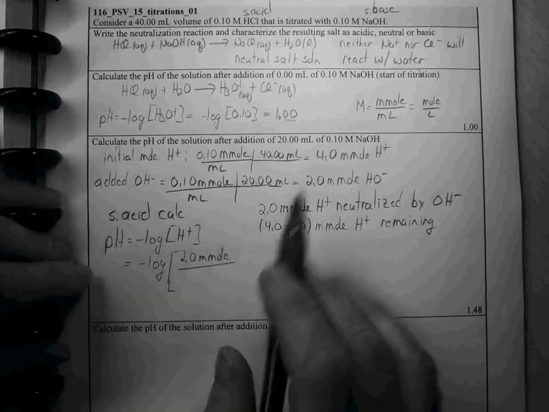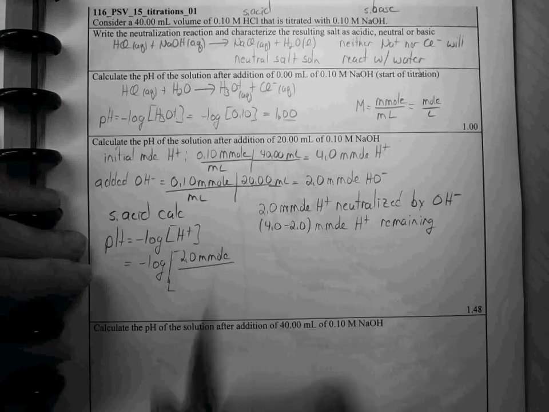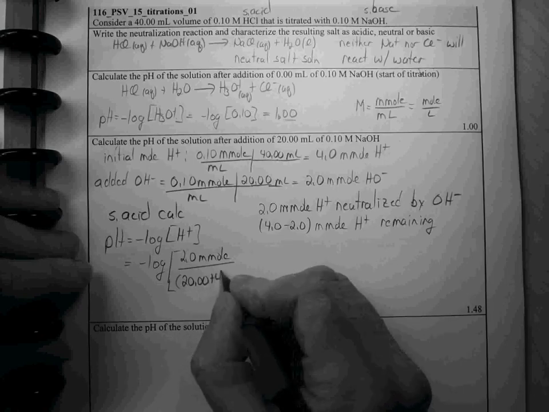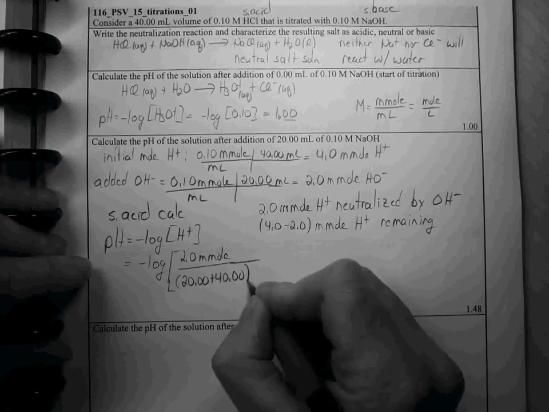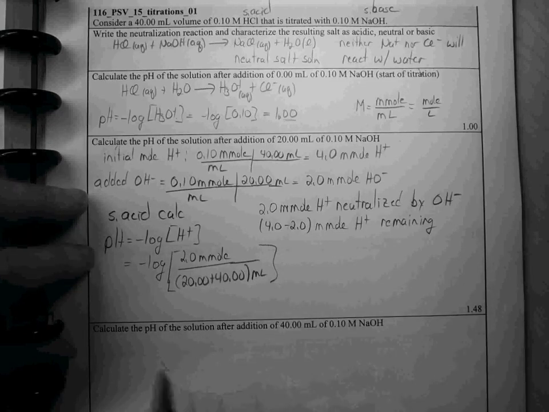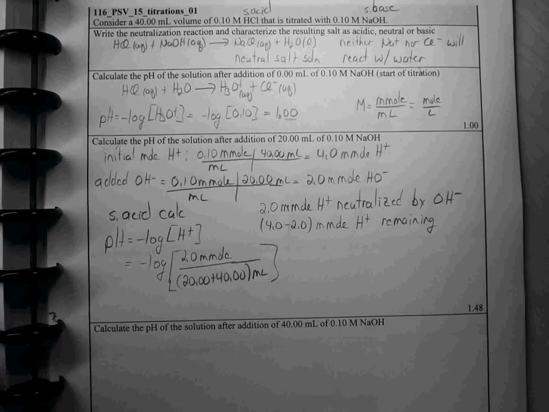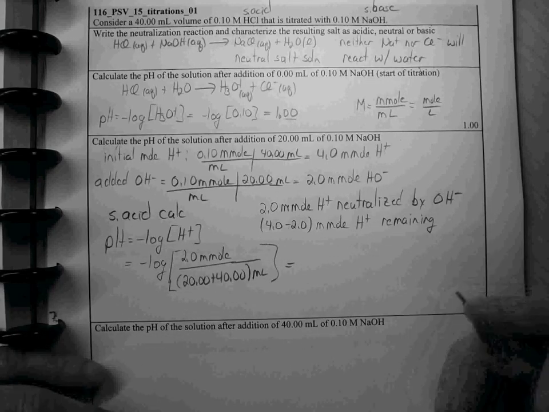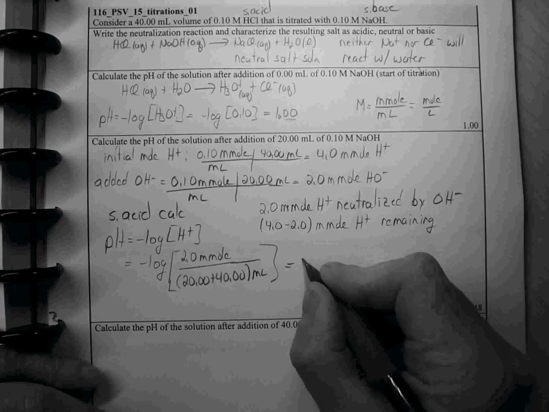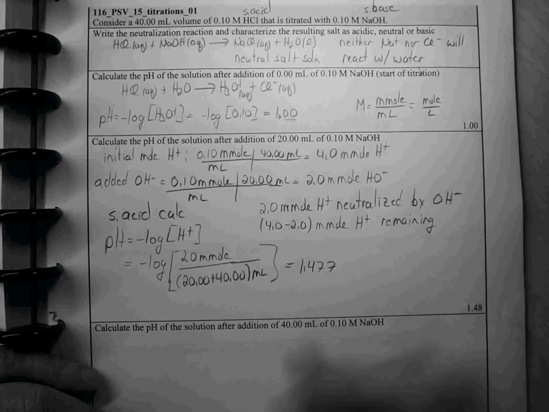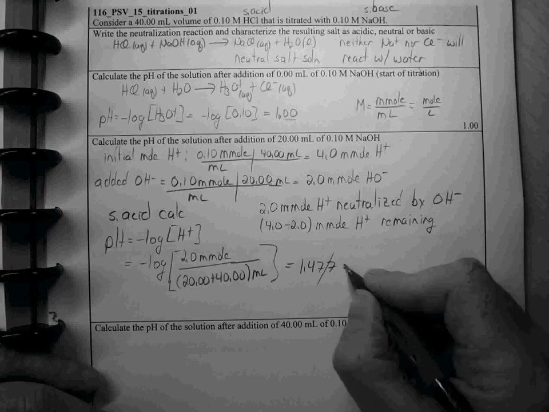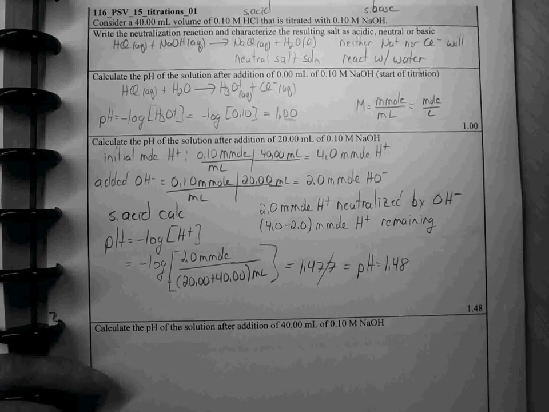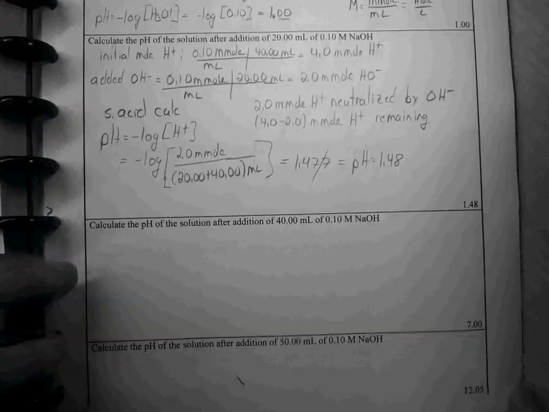And now we're in a slightly increased volume, because we've started with 40 milliliters up here and we've added 20 milliliters. So our new volume is 20 plus 40, or 60 milliliters. Okay, again, millimoles per milliliter is the same as moles per liter. If we do our calculation here, this comes out to be 1.477, with 2 sig figs. Our pH now is 1.48.